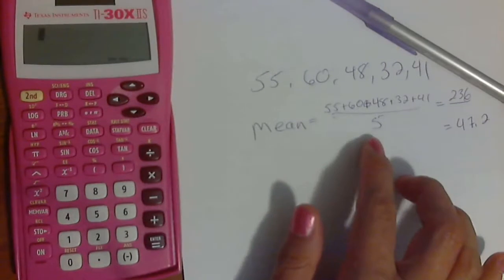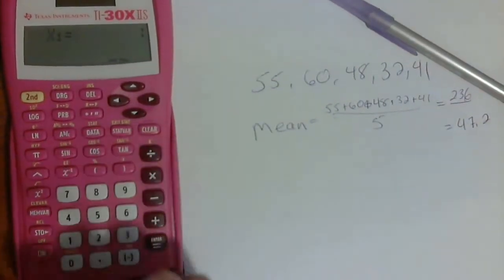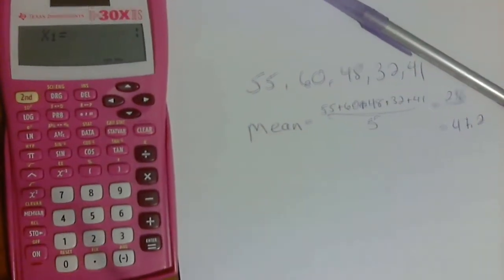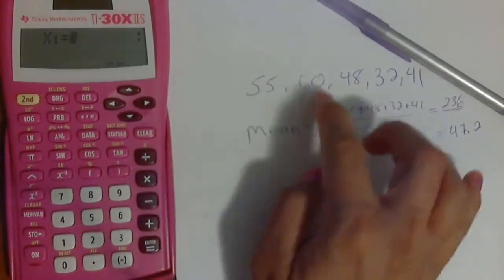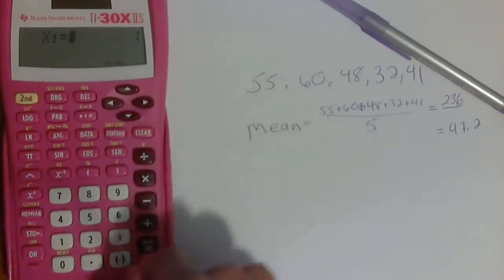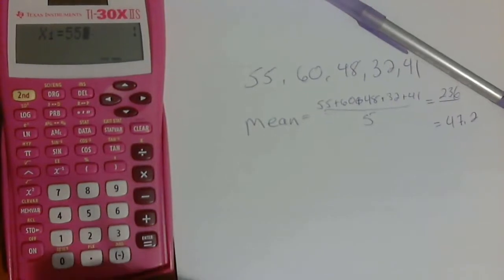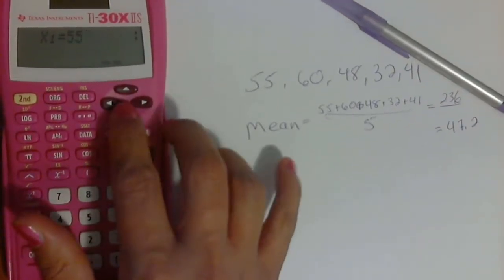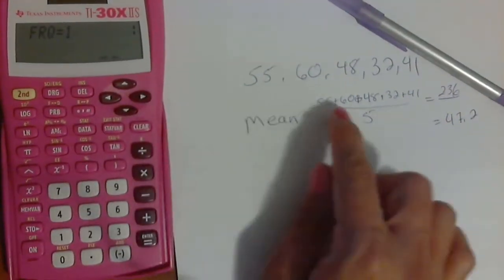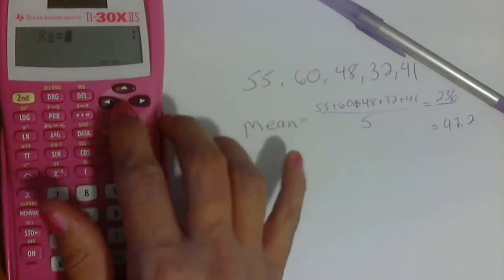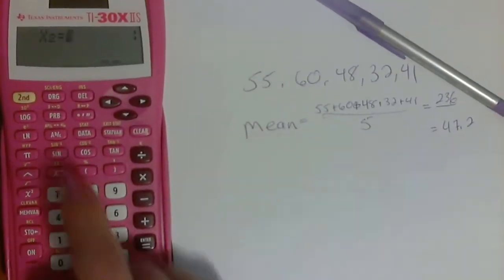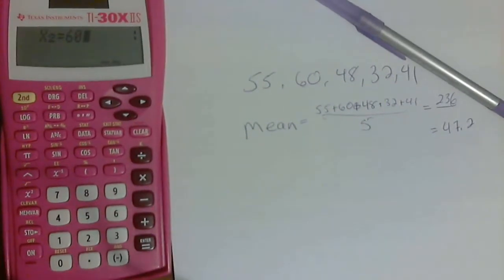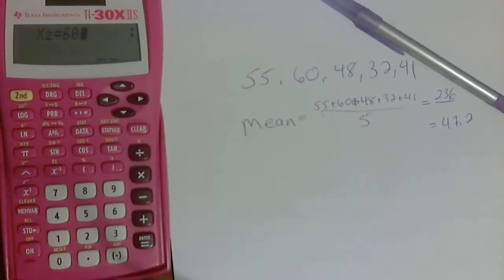In order to enter these 5 numbers, I'm going to hit data, and notice it comes up with an x1. That means these are my 5 different x's that I want to enter. So I'm going to enter 55, then press the down key. 55 only shows up once, so I press the down key again, and I get to my x2. Here's where I enter the second data point.